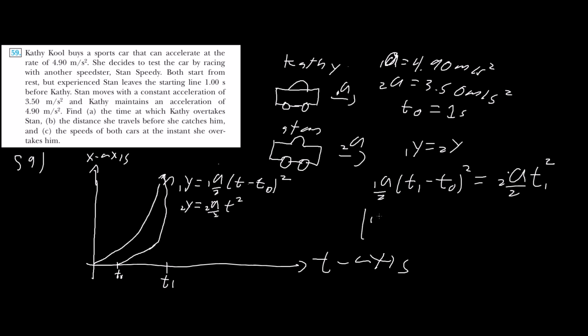In fact, let me simplify it for you guys. This is what I ended up getting: (a1 over 2 minus a2 over 2) T1 squared, minus a1 t naught times T1, plus a1 t naught squared over 2.